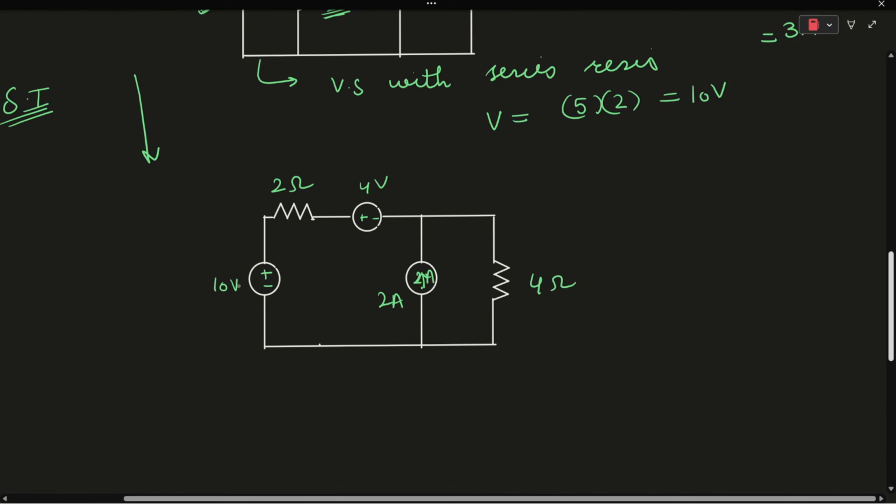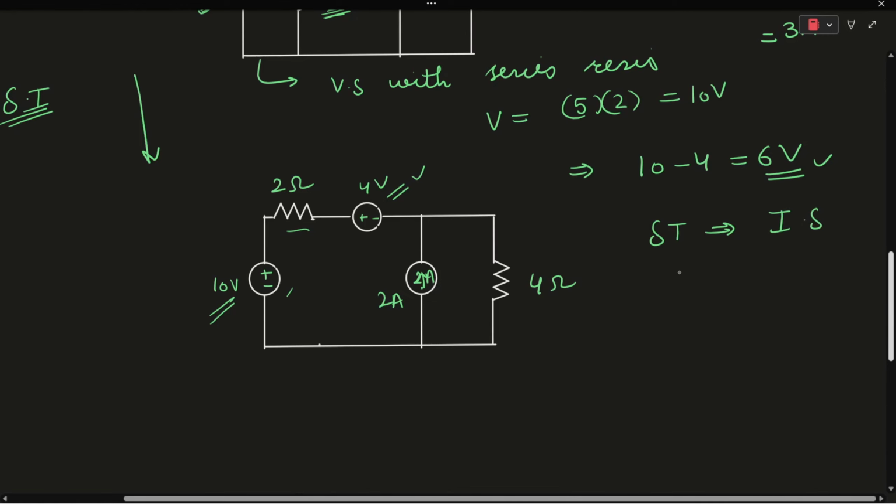In this circuit, we can see that the 10 volt and 4 volt voltage sources are acting in opposite directions. So the net voltage will be equal to 10 minus 4, which is 6 volts. Since the voltage source and the resistor are connected in series, we can again apply the source transformation technique to convert it into a current source in parallel with a resistance.